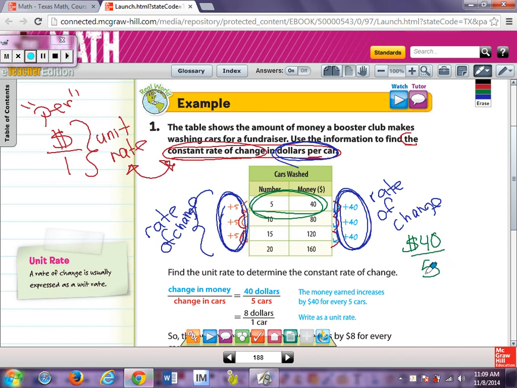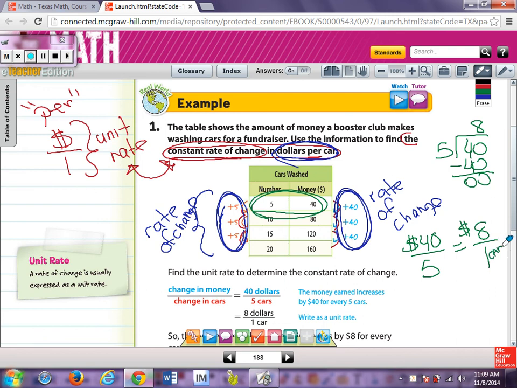Well, then the question becomes, to find the unit rate, how much money do you make for 1 car? So you simply divide 40 divided by 5. And as long as you know your times tables fairly well, you know that 8 times 5 fits into 40 perfectly. So therefore, we know that we get $8 for every 1 car that we wash.